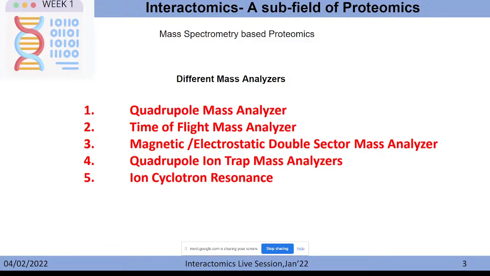In the time of flight mass analyzer, the time taken to reach the detector from the source is recorded.